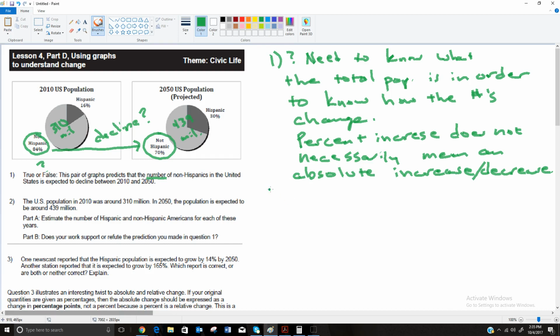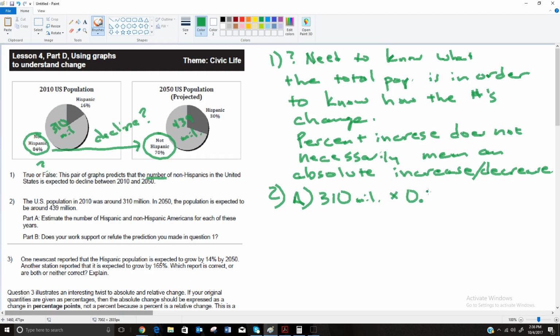Okay, so looking at number 2, for part A, it says estimate the number of Hispanic and non-Hispanic Americans for each of these years. So in this year, we had 310 million. And there's a couple different ways to do this, but I'll just pick one and go with it. So 310 million, and we want to know 84% and 16% of those. So I'll figure out the 84% first.